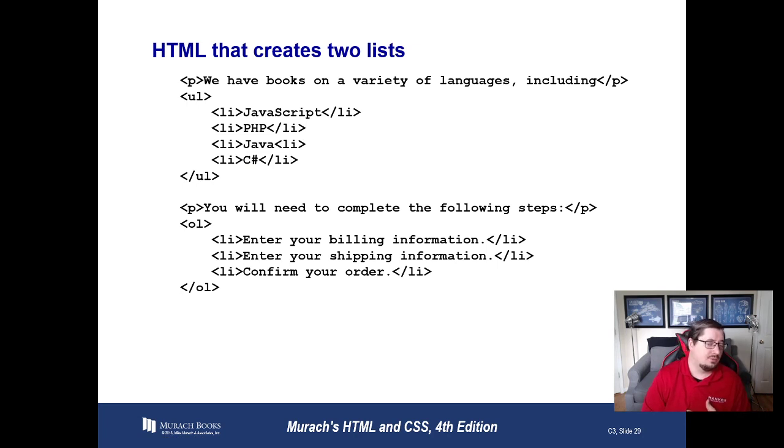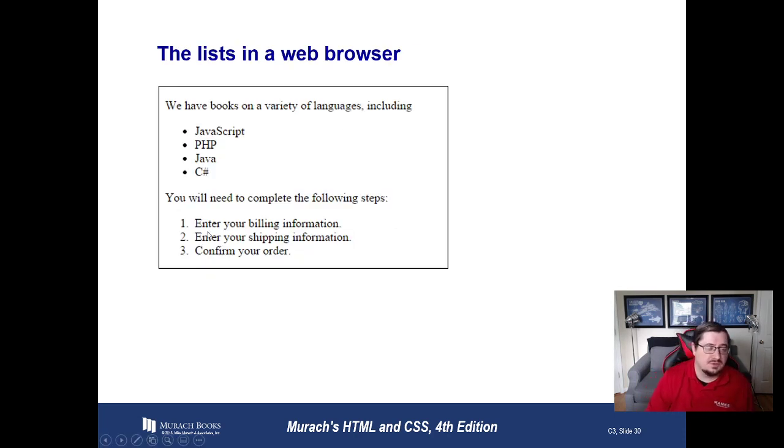Generally speaking, unordered lists will show up with bullet points. Versus ordered lists, where we've got enter your billing information, enter your shipping information, confirm your order. Well, these you have to do step A, and then step B, and then step C. So these typically come with numbers. An OL, an ordered list, will show up with numbers normally.